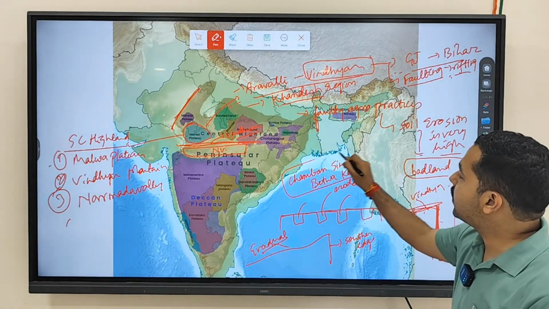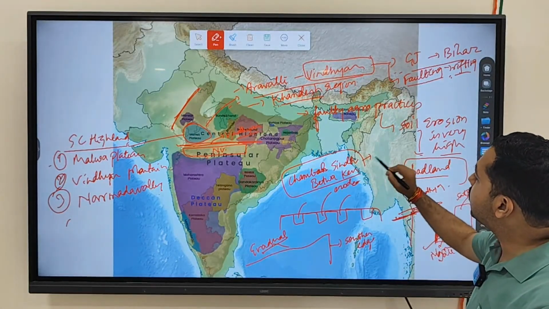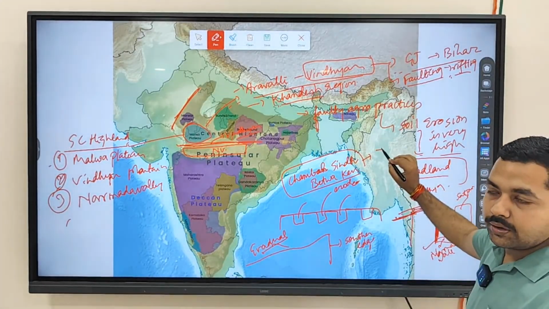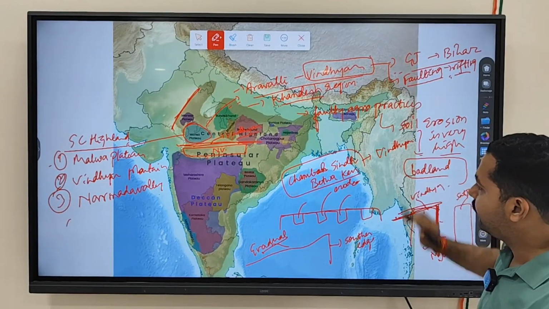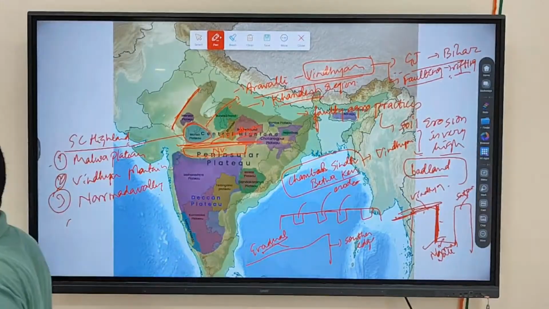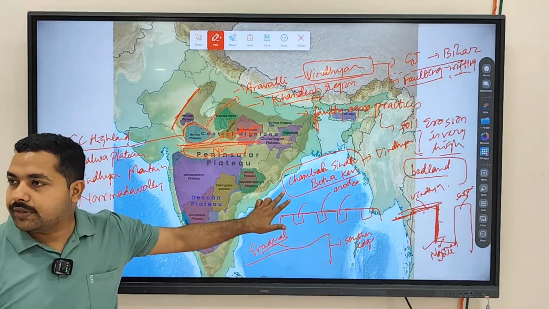All these rivers are originating from the Vindhyan region.